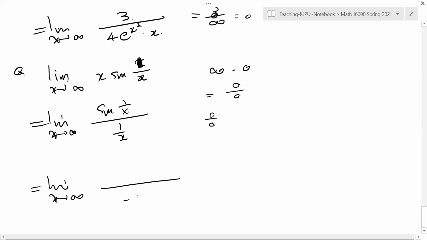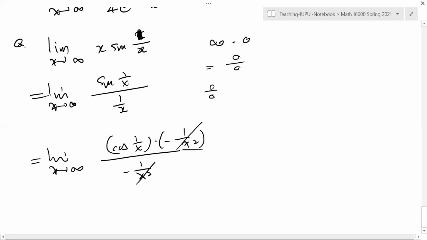When you differentiate the denominator, it's negative 1 over x squared. When you differentiate sine of 1 over x, it's cosine of 1 over x times negative 1 over x squared. Those two cancel out. So the limit as x approaches infinity is cosine of 1 over x, which is cosine 0. That's just 1.